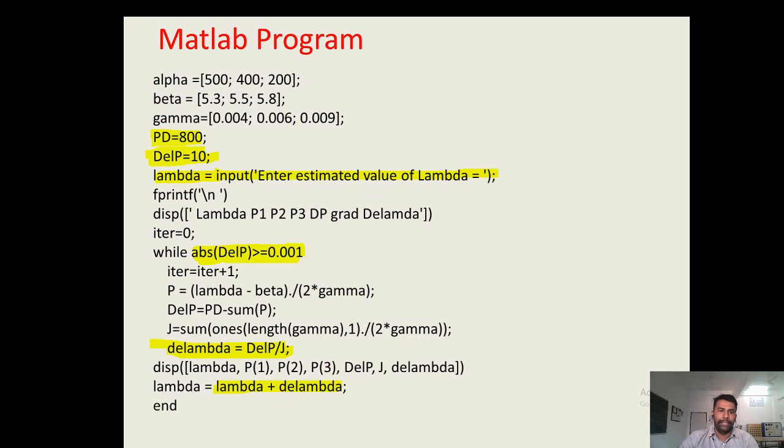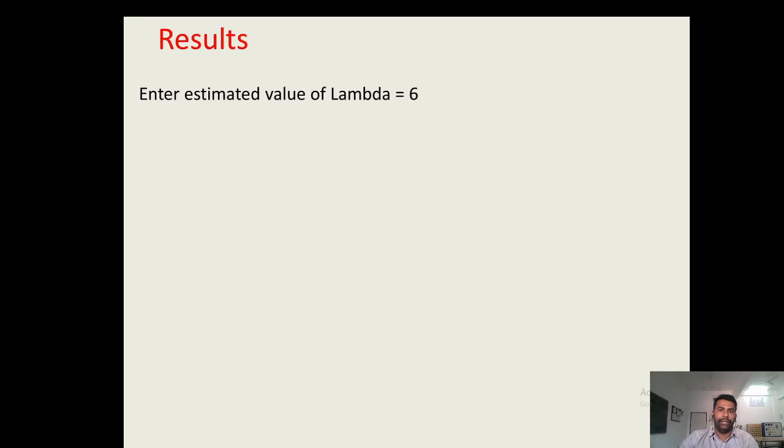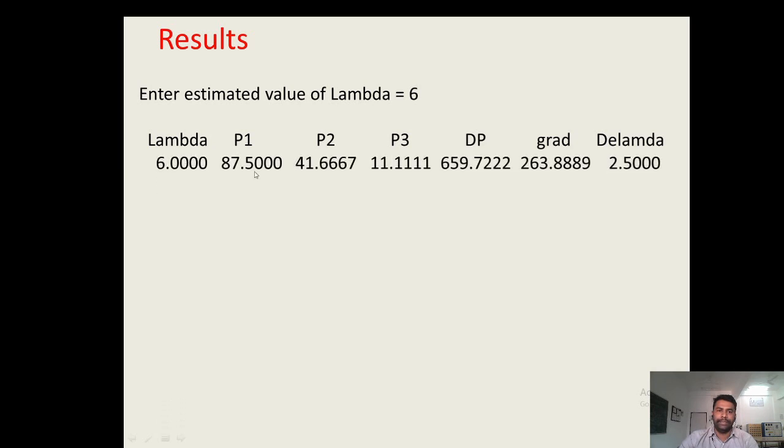So, here is the end. Now, in the output, enter the estimated value of lambda, which is 6. When you enter lambda is equals to 6, lambda, P1, P2, P3, dP, grad, d lambda, these statements will be displayed on the MATLAB, and the values for the first iteration are 6, 87, 41.66, 11.11, 659.72, grad 63.88 and 2.5.